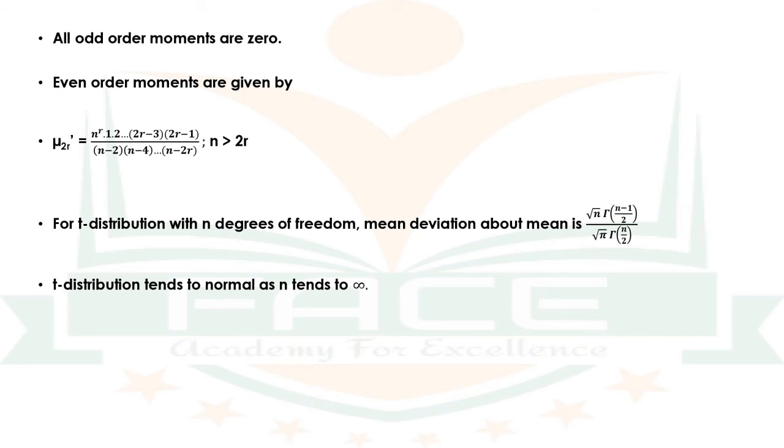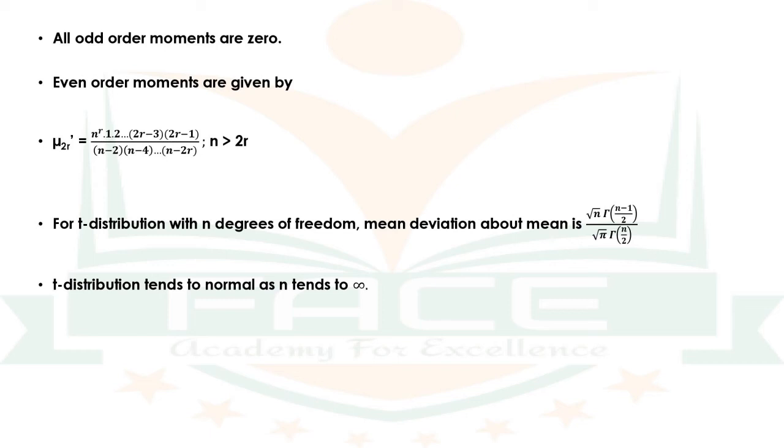Now let us see some properties of Student's t distribution. The first property is, for Student's t distribution, all odd order moments are 0. And the second property is, even order moments are given by the equation mu 2r dash is equal to n raised to r into 1 into 3 into etc. 2r minus 3 into 2r minus 1 divided by n minus 2 into n minus 4 into etc. n minus 2r, where n is greater than 2r.